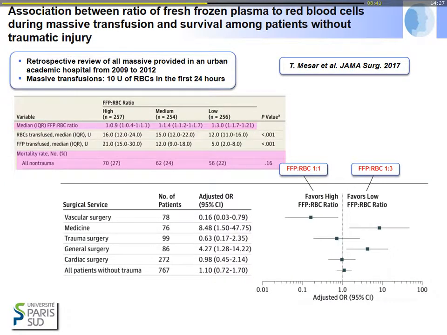Is it the same when we have to deal with patients with no trauma?